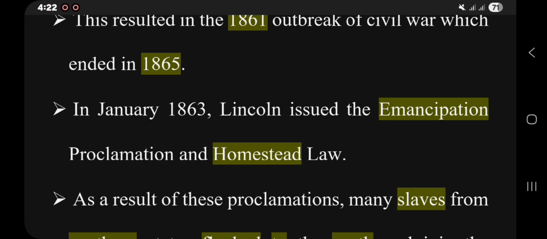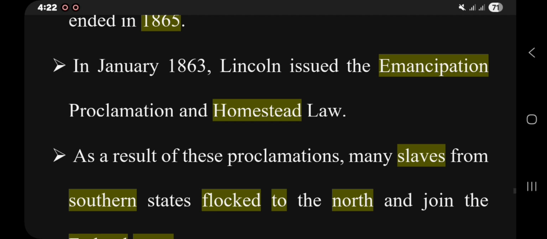In January 1863, Lincoln issued the Emancipation Proclamation and the Homestead Law. The Emancipation Proclamation is related to the freedom of slaves. According to this proclamation, as of January 1, 1863, every slave found in the United States of America was free.